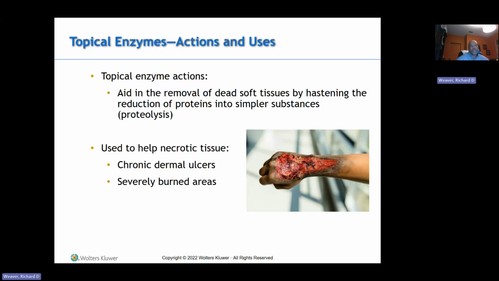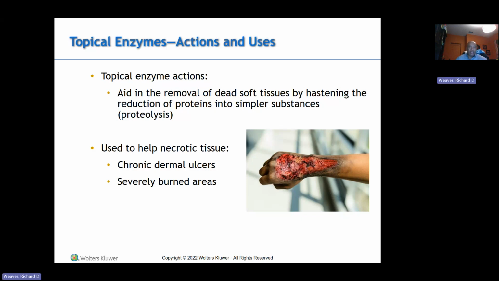So basically, in simple terms, this means that certain enzymes help break down dead tissue in the body. And they do this by turning the complex proteins in dead skin tissue into simpler substances. It breaks it down, in other words. It's kind of like breaking a protein down to an amino acid, right?